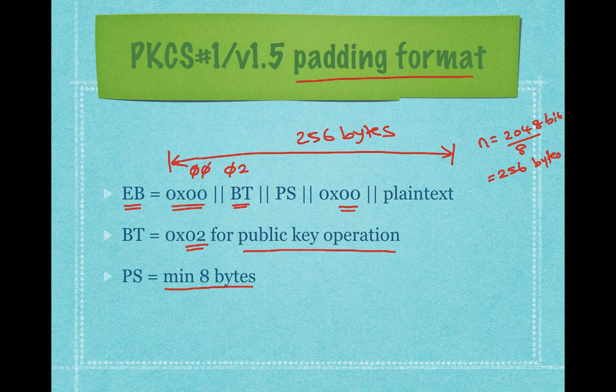So this is the padding string, this is the plain text, and both are separated by this 00 marker. Now you have your plain text. You arrange accordingly. You put enough padding bytes so that your total size will become 256 bytes. So this is the recommended padding format in version 1.5.